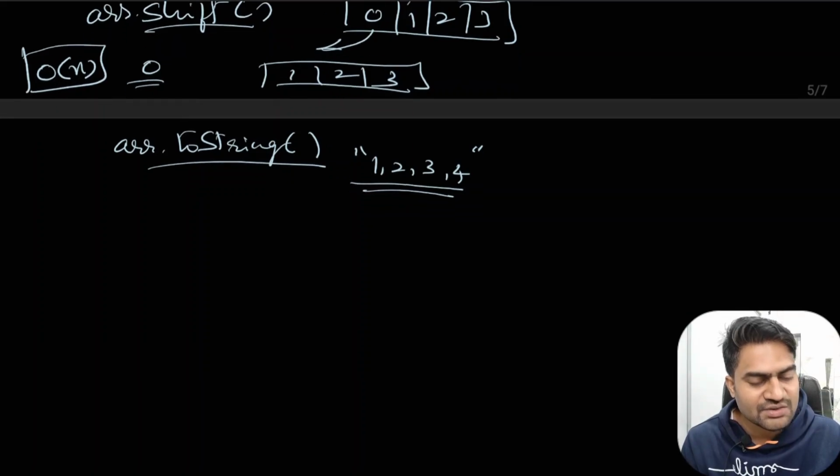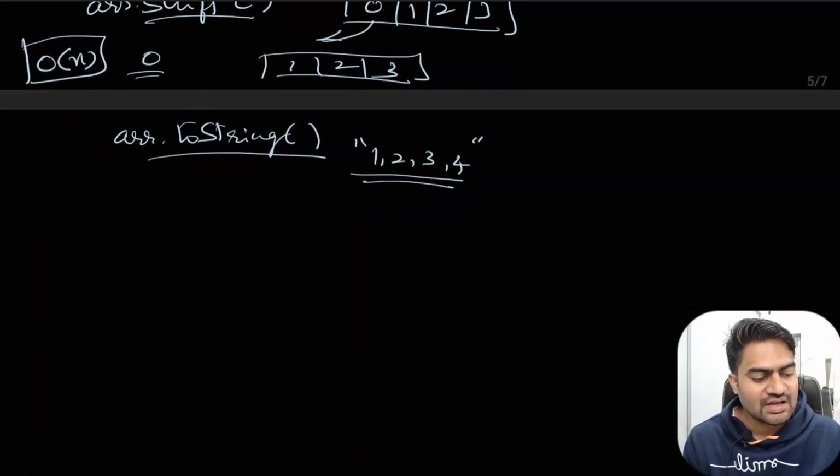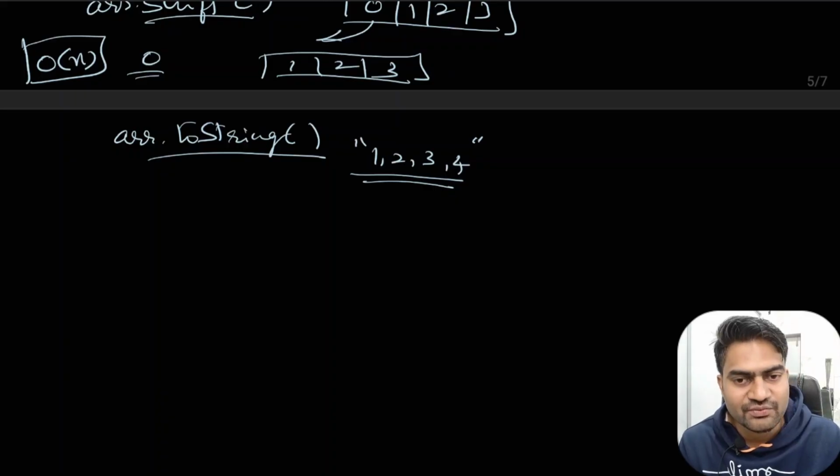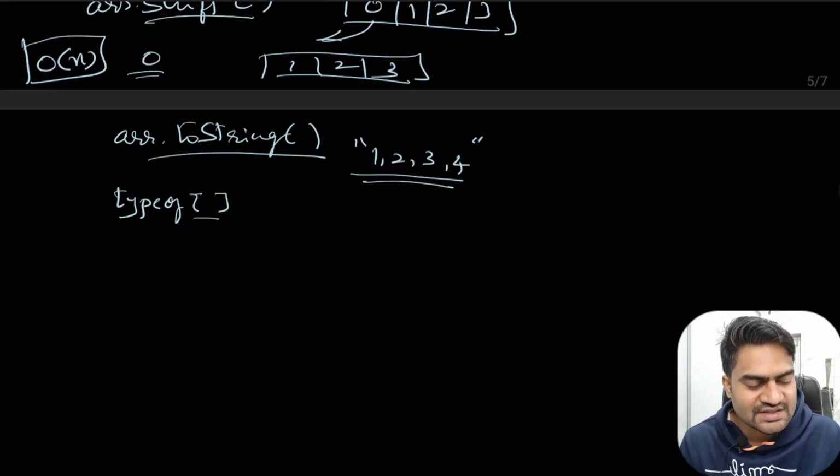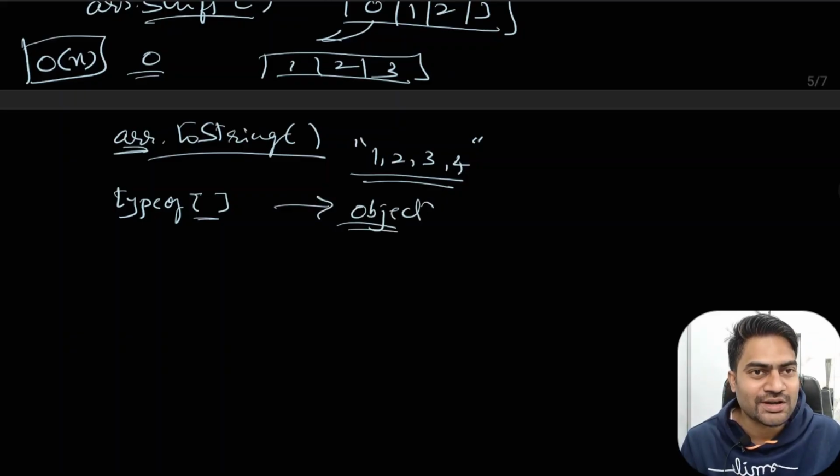So I was trying to tell, right? Initially when we create the array, it is basically an object. So if we do typeof and give square brackets which represents an array, or if you give arr, it will give you object as output because array is an object.